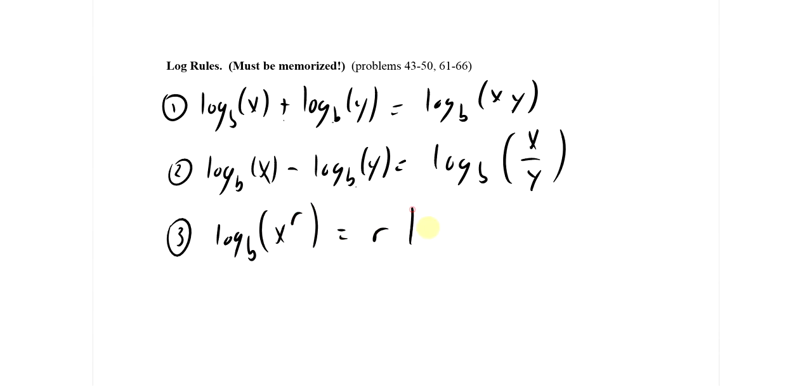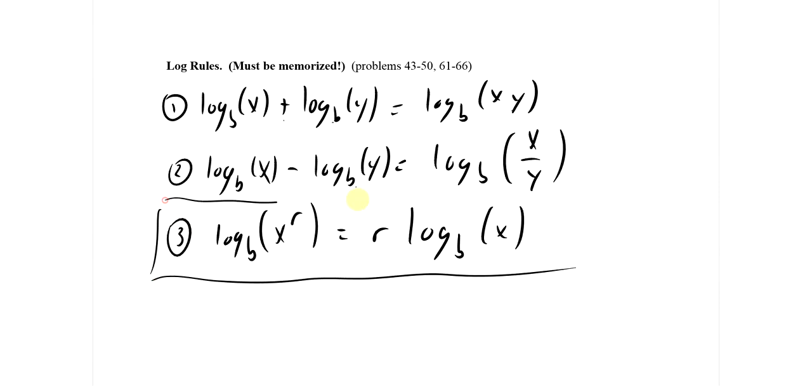It means you can take the power out front as a coefficient. This is important for us because we want to solve for powers, if you remember the first problem. So this is the most important of the three log rules for us. Powers can come out front as coefficients, and coefficients can go inside as a power. So those are the three log rules.